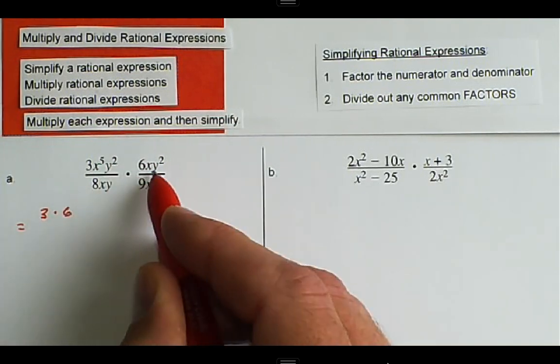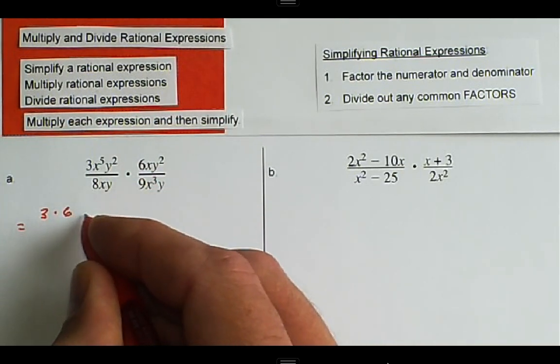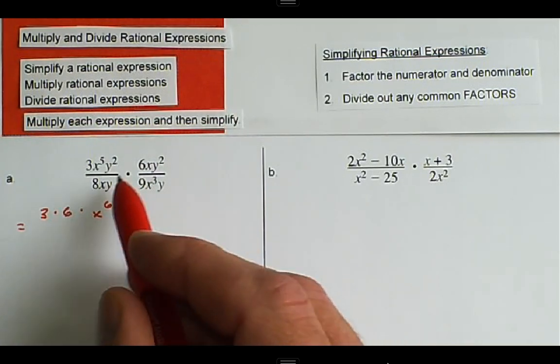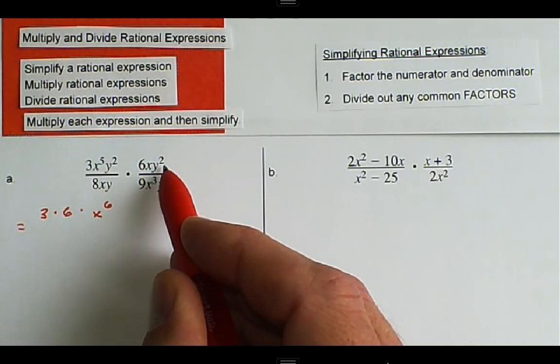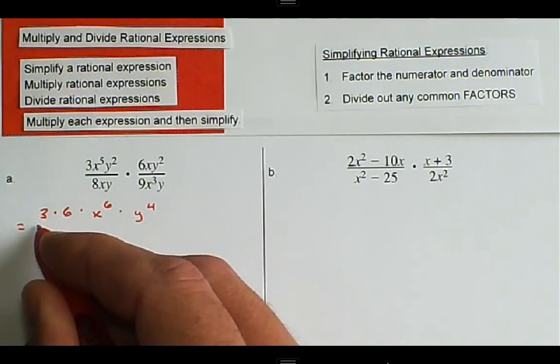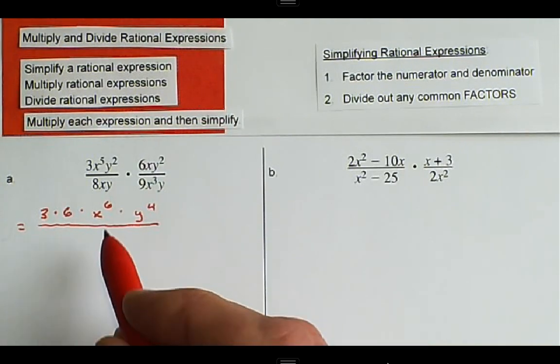So if they're the same base and they're multiplied together, you add. So 5 plus 1 becomes multiplied by x to the 6th. And then we have y squared multiplied by y squared. So we get multiplied by y to the 4th. So that's the numerator rewritten with all the terms that we have.